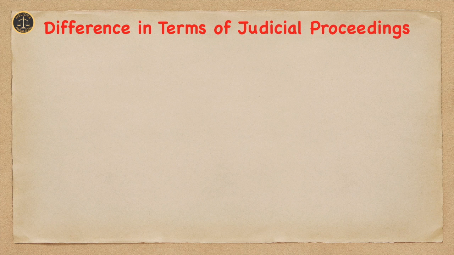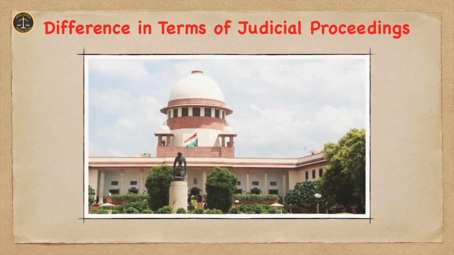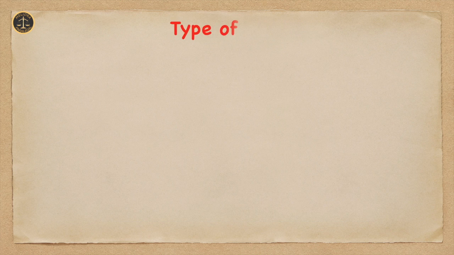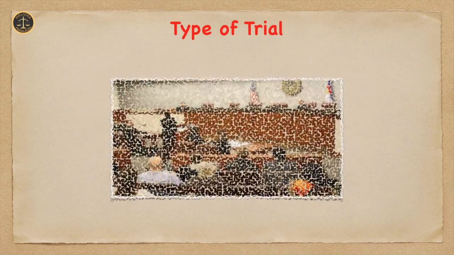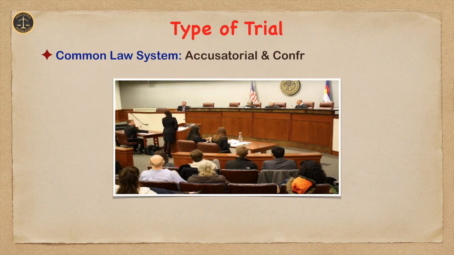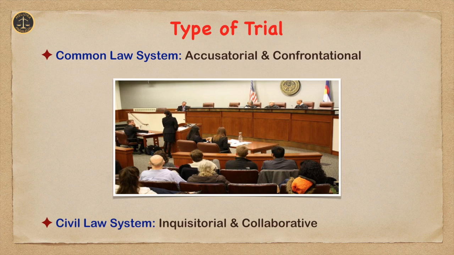Now, let's discuss some differences in terms of judicial proceedings. Types of trial. In common law system, the types of trial are accusatorial and confrontational, whereas in civil law system, the types of trial are inquisitorial and collaborative.